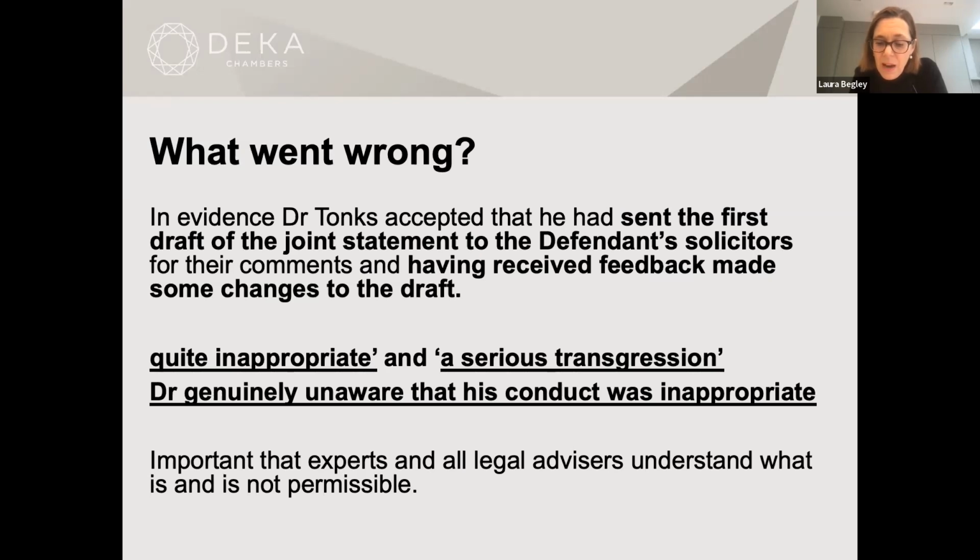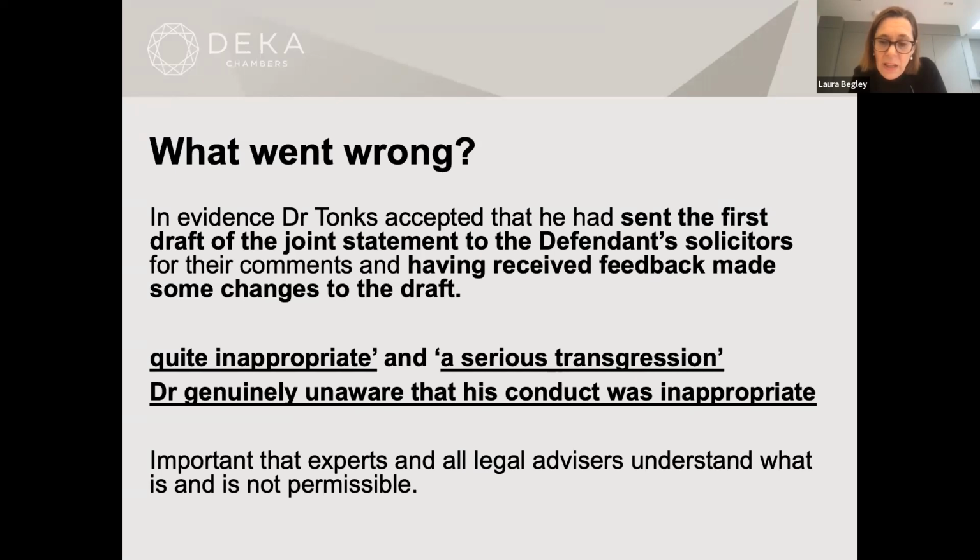Now, it became apparent that he was completely unaware that that was inappropriate. He hadn't read Part 35 or the guidance to experts, and the court held that it was a serious transgression by him. I should say that the court also found that he had not substantially modified his opinion.